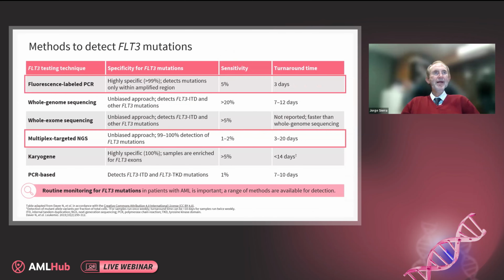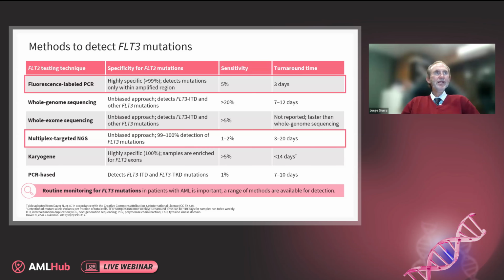There are several methods to detect FLT3 mutations in clinical practice. Nowadays, the most frequently used are fluorescence-labeled PCR with restriction fragment analysis, which has a sensitivity of 5% and a very short turnaround time of 3 days.